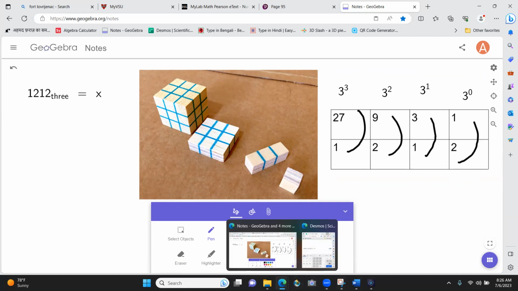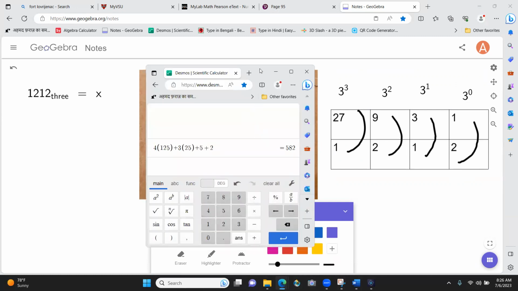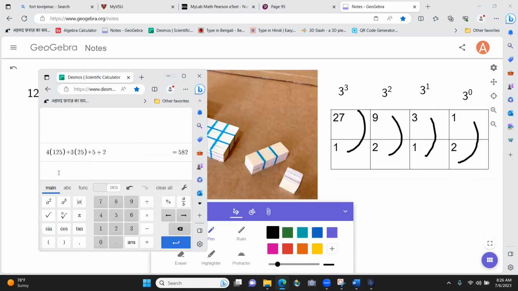So let's do it. Now, 27 times 1 plus 9 times 2 plus 3 times 1 plus 1 times 2.